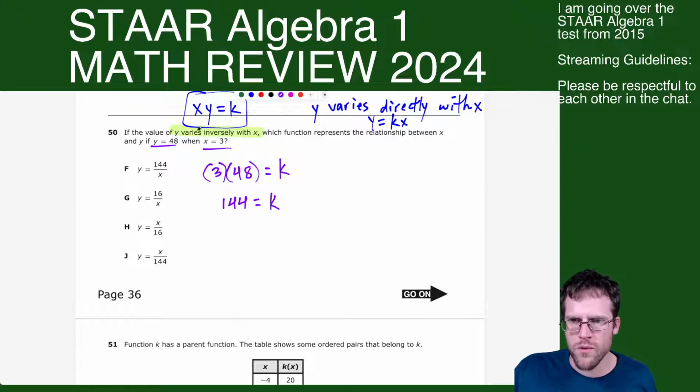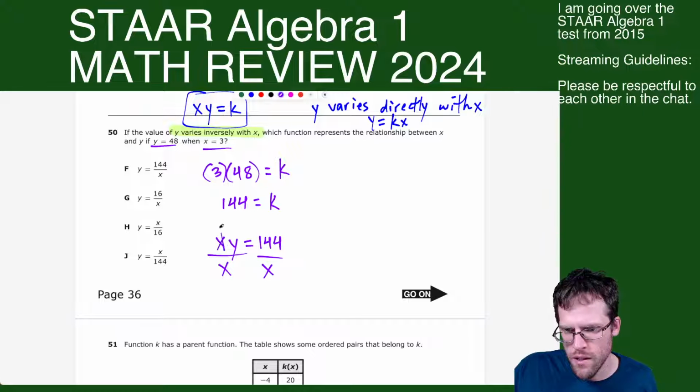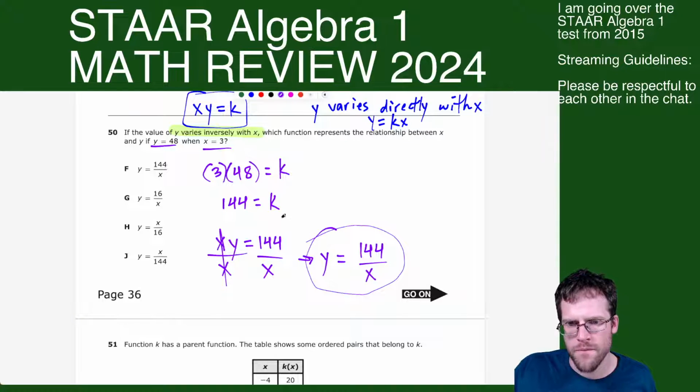So 144 is equal to k. So now I just say x times y equals k. I plug in 144 for k. And it looks like all the answers solve for y, so just divide both sides by x. And you're going to have y equals 144 over x. Okay, that's our answer. Cool.